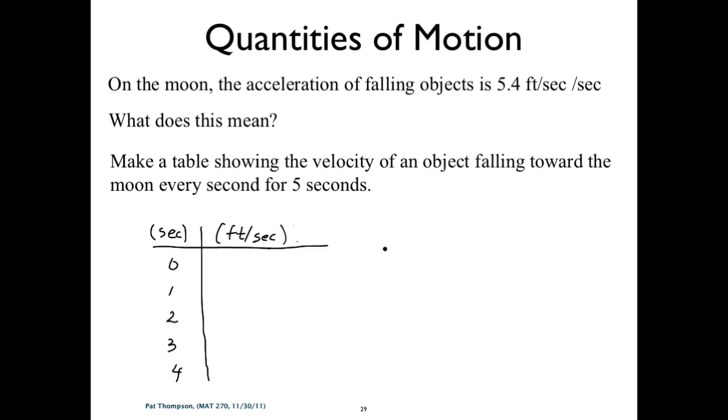So what does it mean that acceleration is 5.4 feet per second per second? Okay, so it's the rate of change of velocity. But just what does that number mean? It's the rate of change of velocity, yeah, but what does the 5.4 mean? What are we talking about when we say the 5.4?